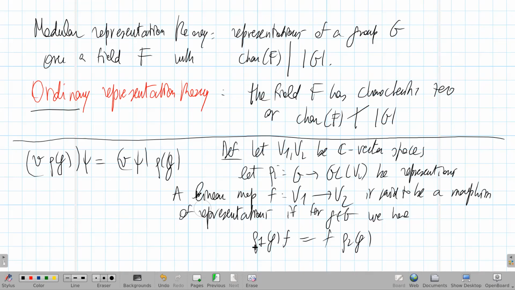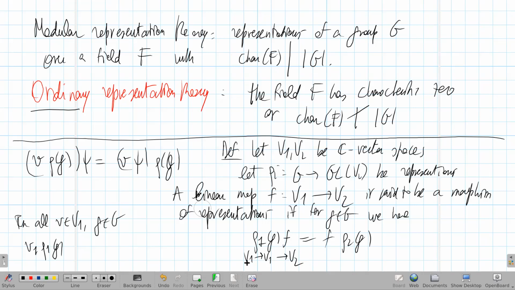So this means, if you look at it in terms of vectors, that for all v in V1 and g in G, you have v rho 1 g, because this is a composition of maps. This goes from V1 to V1, and f goes from V1 to V2.